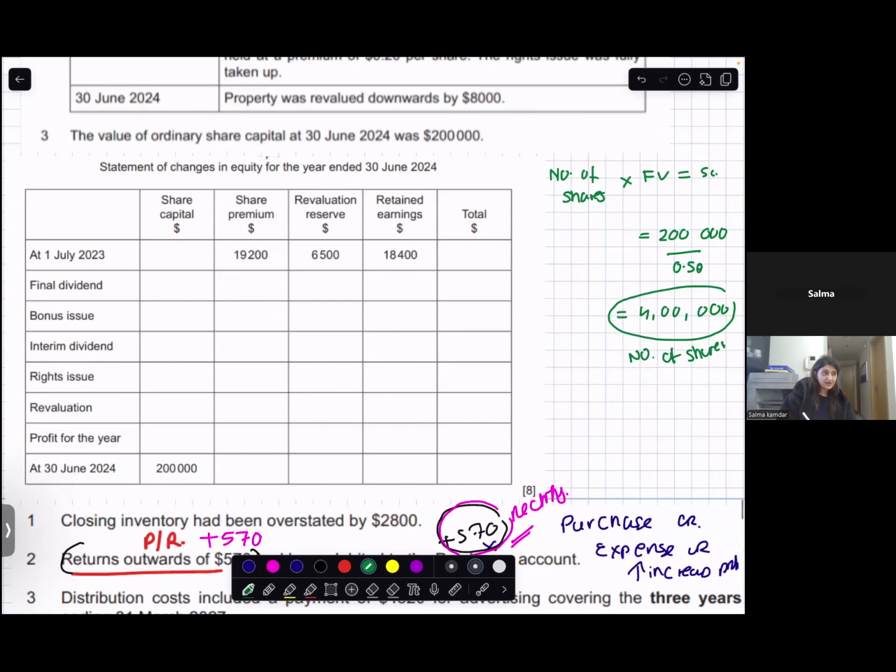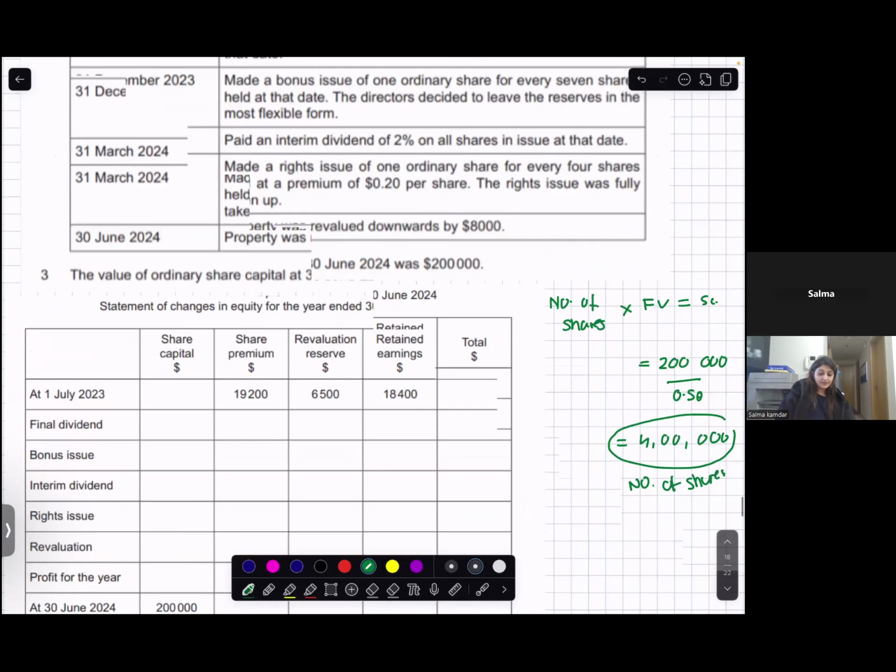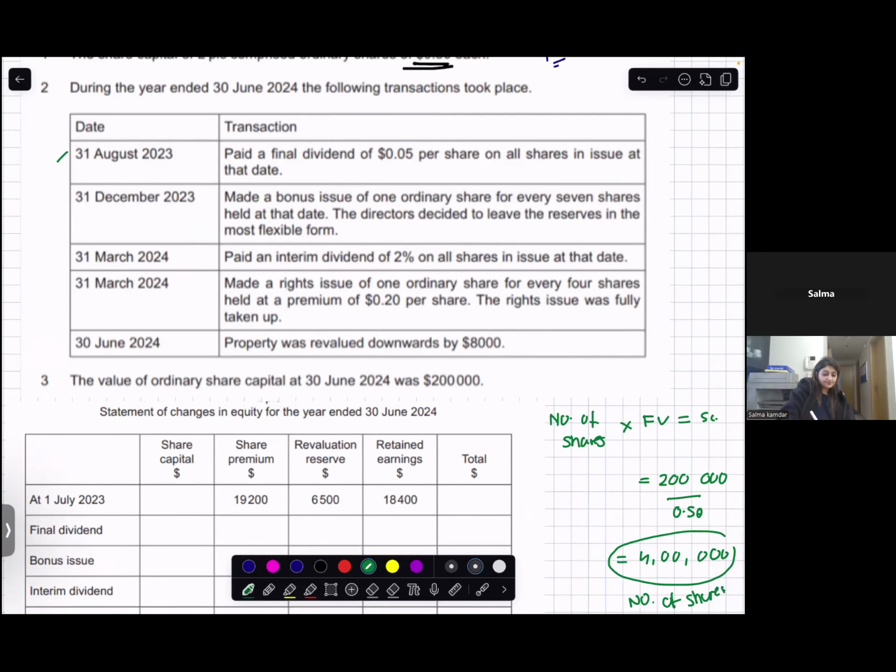So I have the number of shares with me on the last date. Do I have the number of shares on the first date? We have on the last date, no problem. Now our first transaction. My first transaction says that you pay a final dividend of 0.05 per share on all the shares in issue at that date.